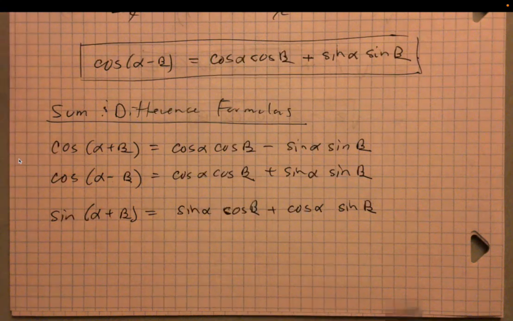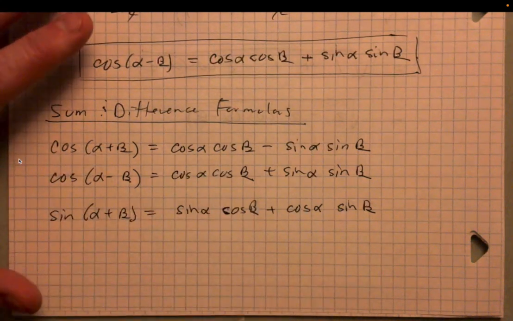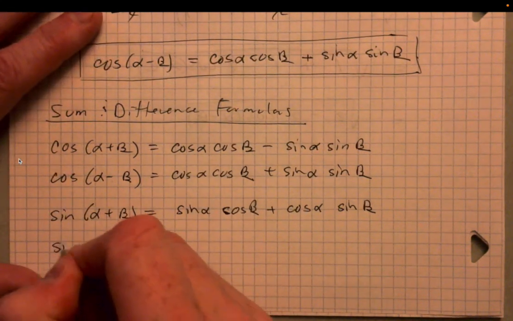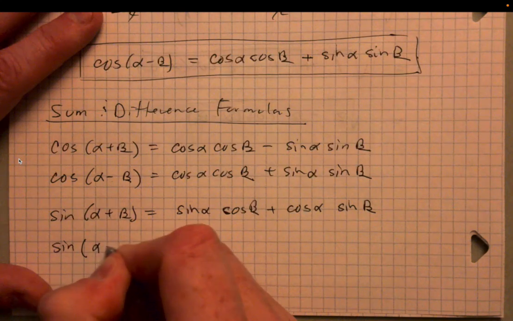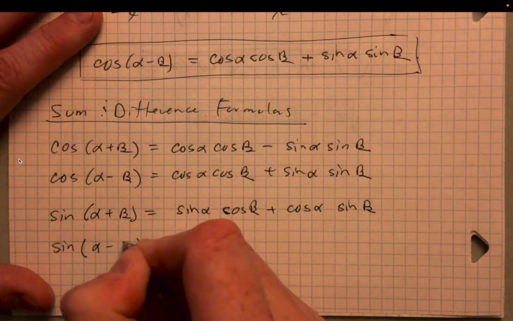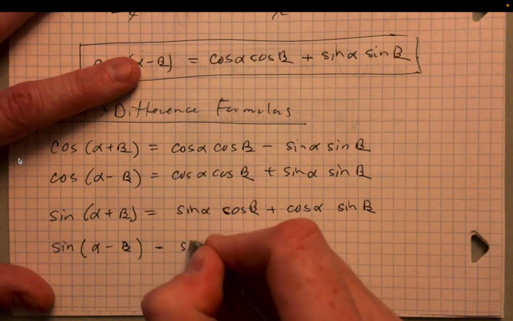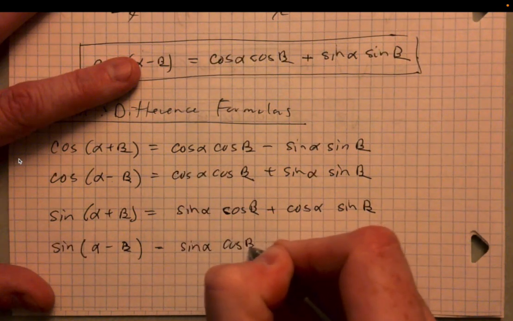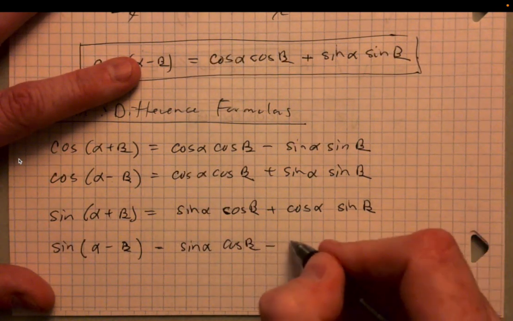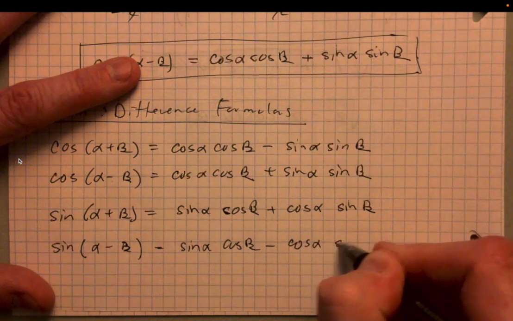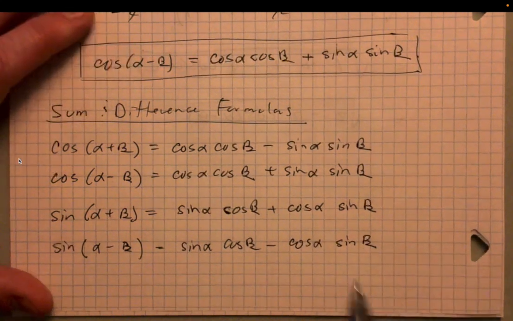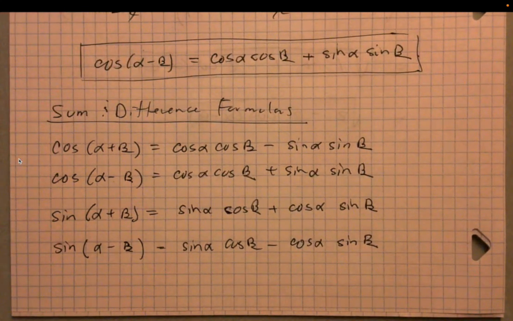So there's a pattern here, but it just changes for the different trig functions. And then finally, for the sine of alpha minus beta, you've got sine alpha cos beta, and then of course it's minus cos alpha sine beta, right?